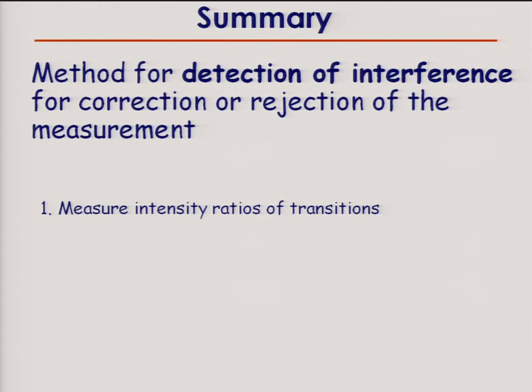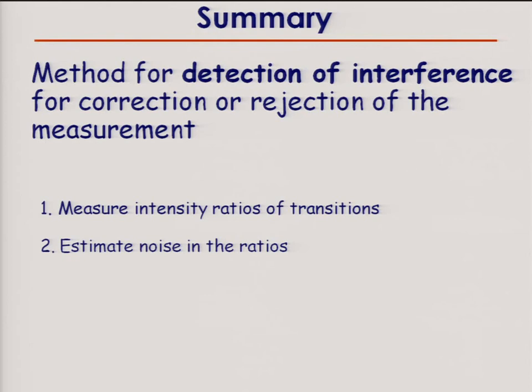So the method is that first, when developing the assay, one measures the intensity ratios of the transitions so that one knows what ratios to expect, then estimates the noise of the ratios. And this can be done with the repeat analysis, usually.